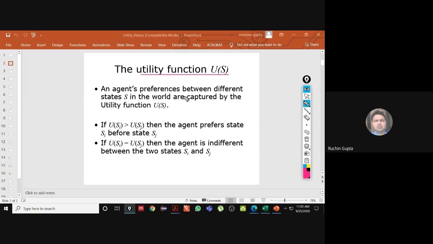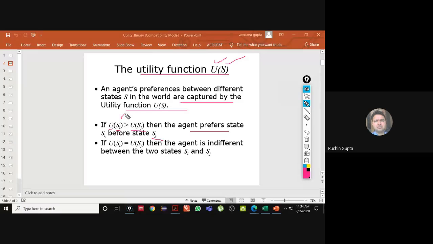Agent preferences between different states can be captured by the utility function. The utility function is specified by U, and S is the state. In case the utility value of state Si is greater than the utility value of state Sj, then the agent will prefer to go to the state Si than to the state Sj.